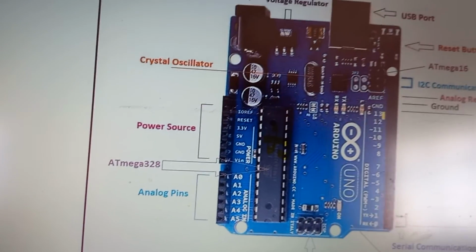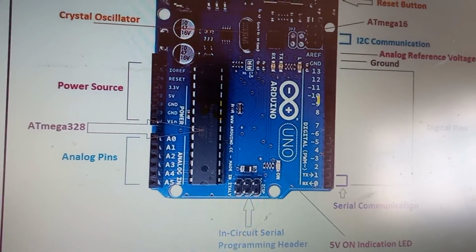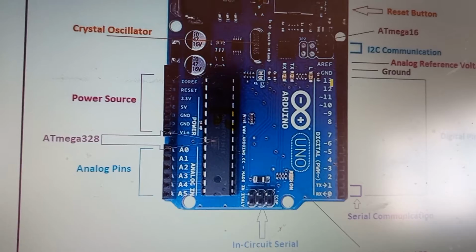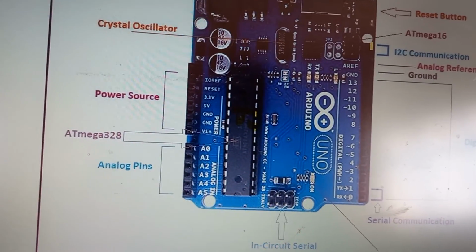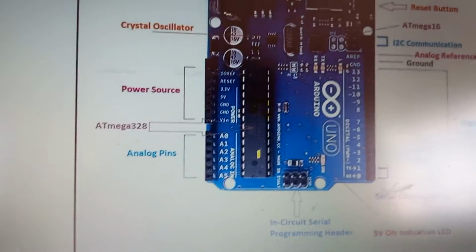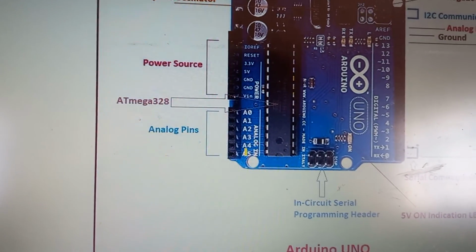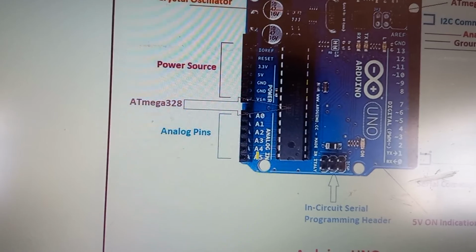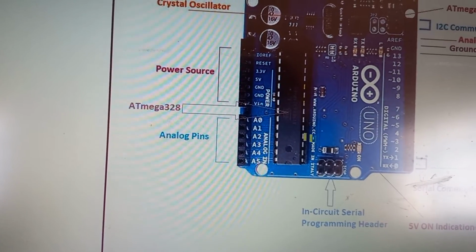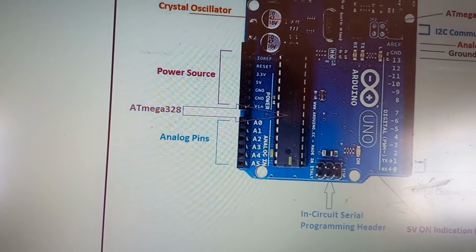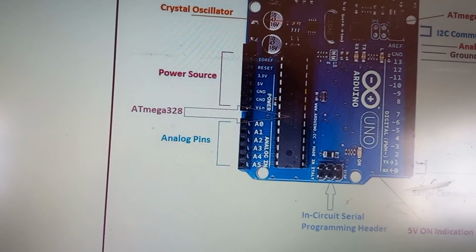Next, for the I2C protocol, the analog pins A4 and A5 are used for I2C communication. If I want to design something communication related, these pins are used.